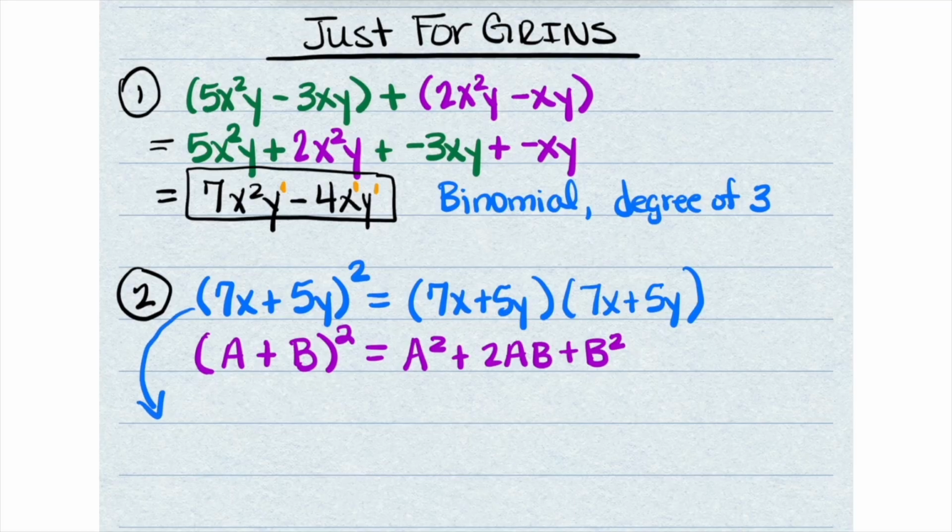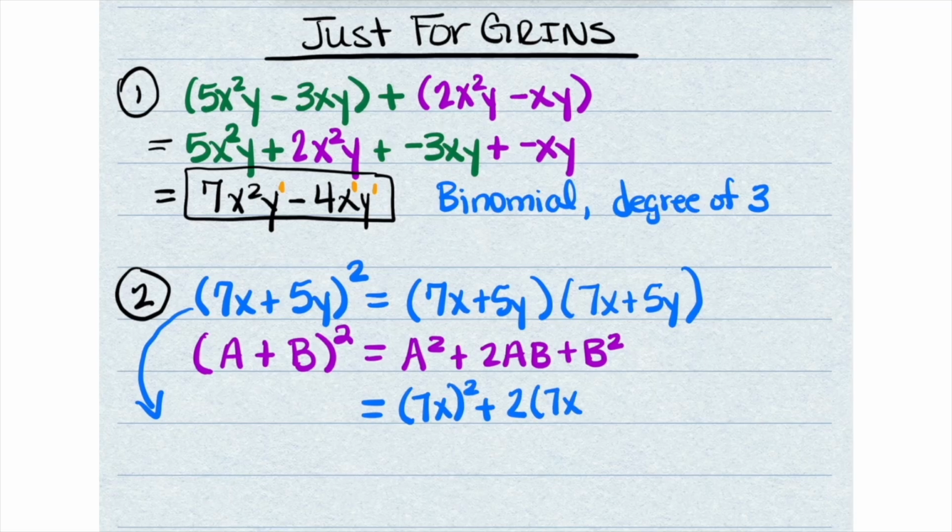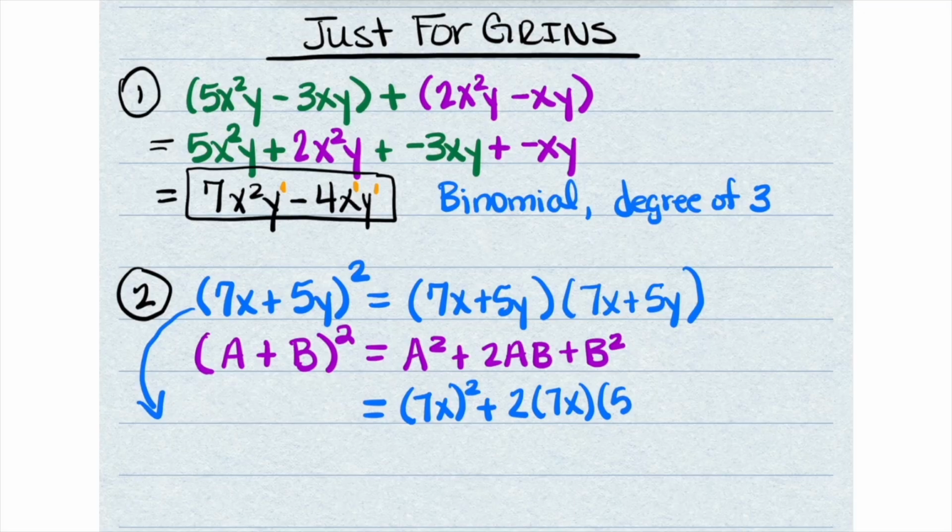So let's come down here. I'm going to follow the property. So my a is 7x. My b is 5y. Y'all see that? And that's what I'm saying, it kind of saves you some math.